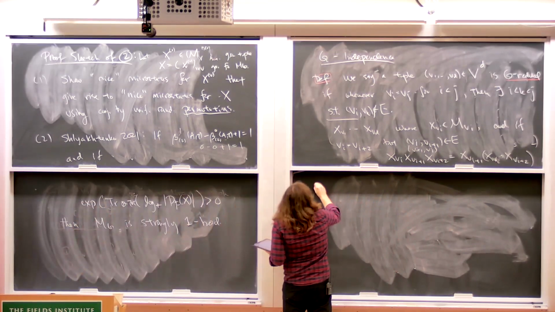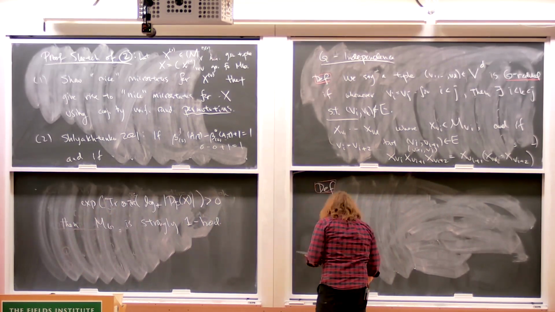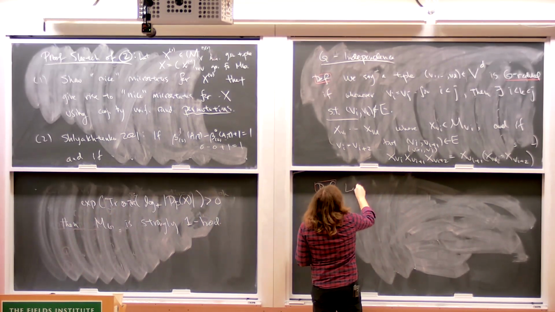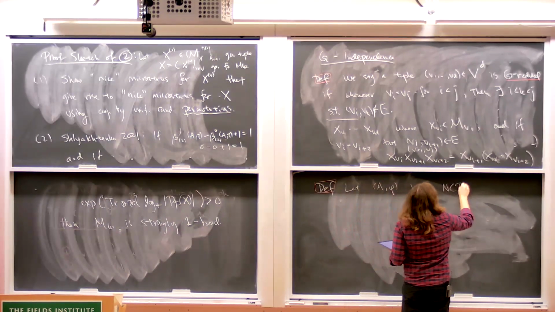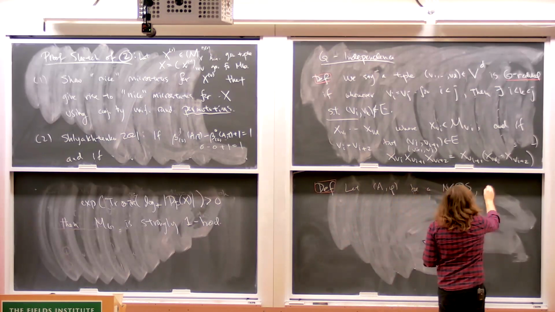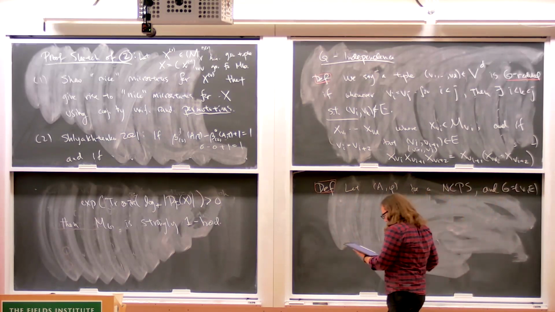So then let's give a combinatorial definition of this G independence. So let's say you have a non-commutative probability space, and G as before, a simple undirected graph.